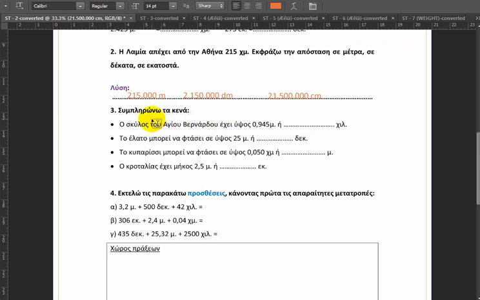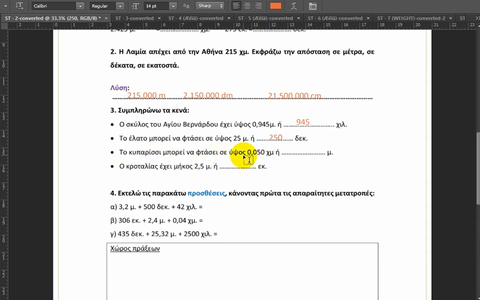Next up, we have a dog, and it's 0.945 meters, or in millimeters, I would have to go 3 steps down, so multiply this by 1,000, then I'd get 945. Here we're talking about a tree that can reach a height of 25 meters, or in decimeters, so times this by 10, and I would get 250.